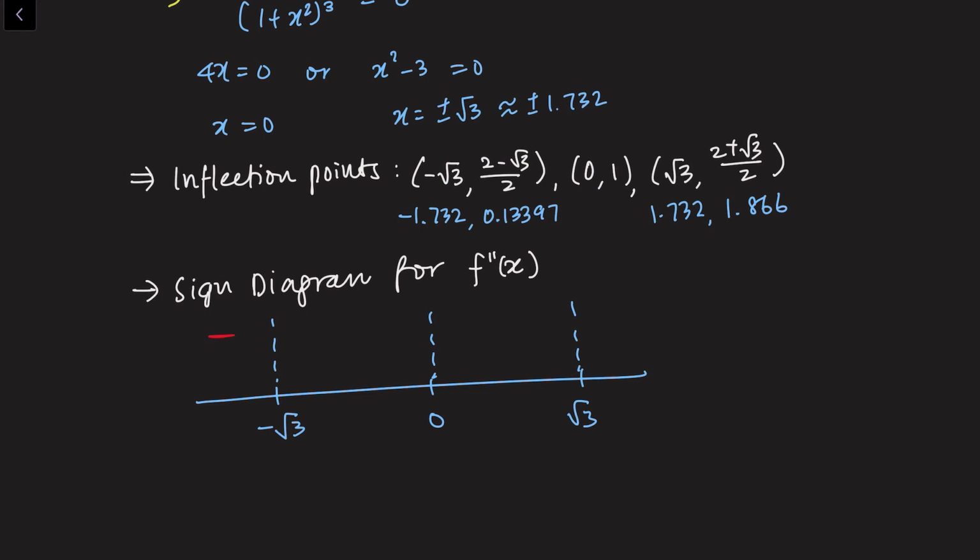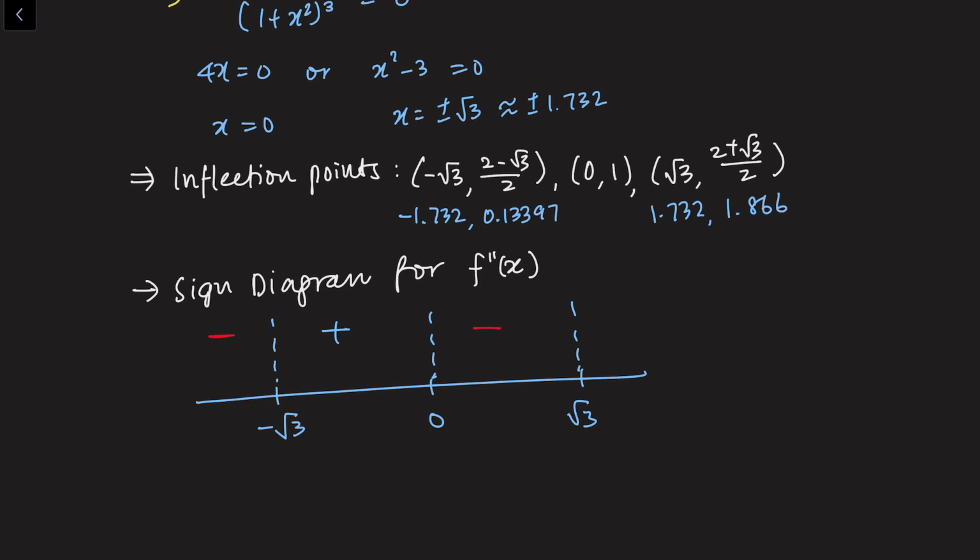Then in between that one and that one, I just take negative 1. It is positive, am I right? So it is concave upwards here. Then in between 0 and square root of 3, I take positive 1 and I get a negative, which means it is concave downwards.